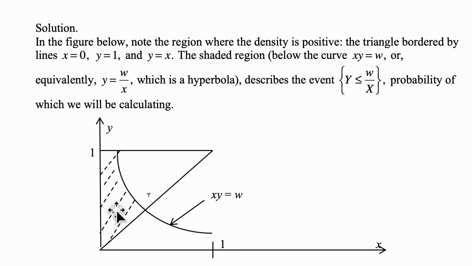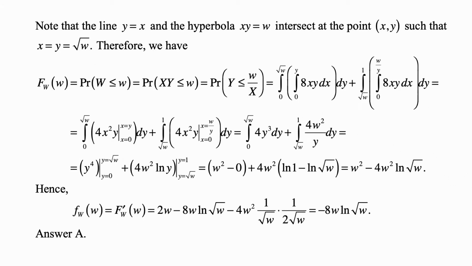This shaded region describes the event that y is less than or equal to w over x for a specific value of w, the probability of which we will be calculating. The reason we're calculating it is that the probability that W is less than or equal to w is the cumulative distribution function of the random variable W, which is the same as xy.